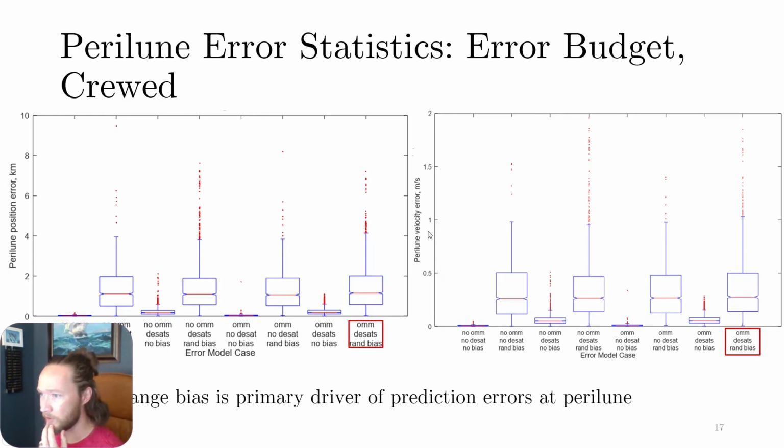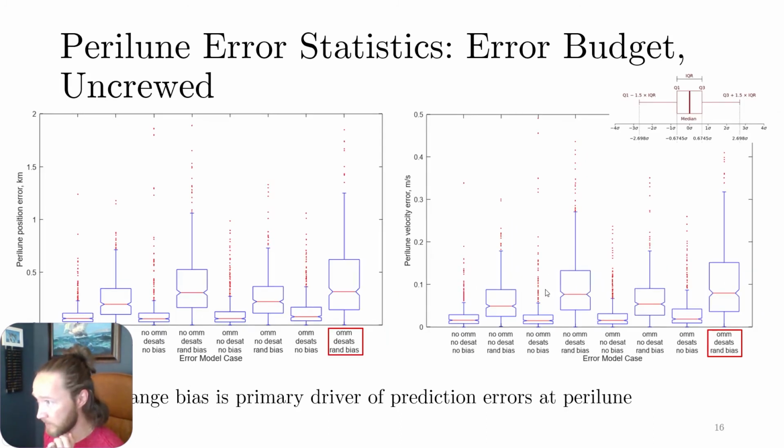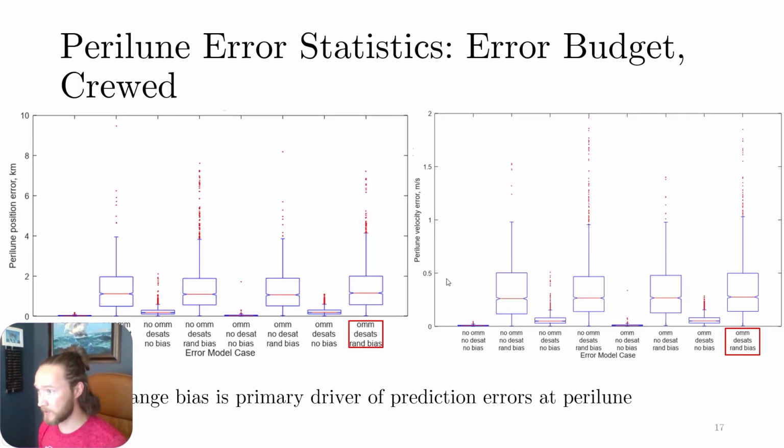So when we go crewed, the story remains the same, and in fact gets even more stark, that any of these error model cases that have a random bias are the highest errors that we see. And in addition, going from uncrewed to crewed, just in general, we get higher errors from the additional errors from the predictions of the desaturations, or rather the perturbations of the desaturations.